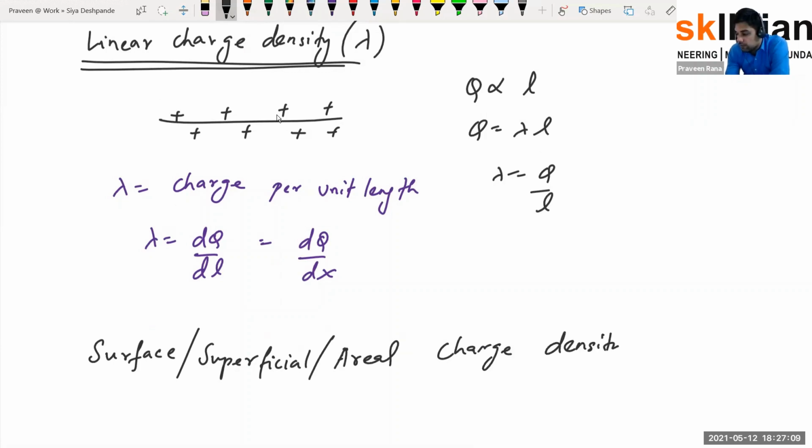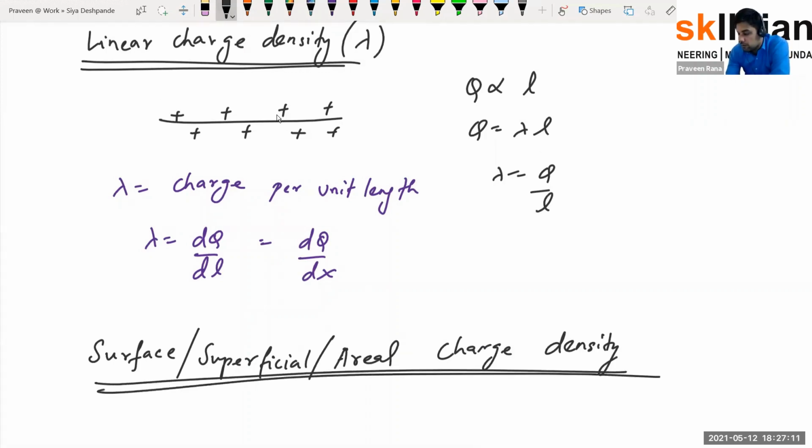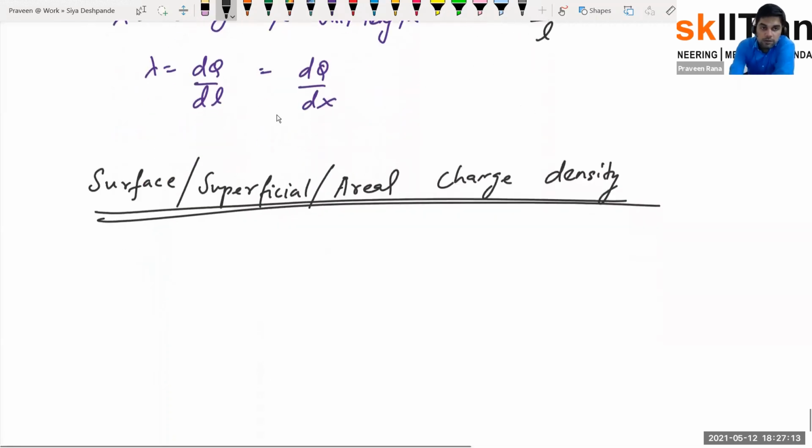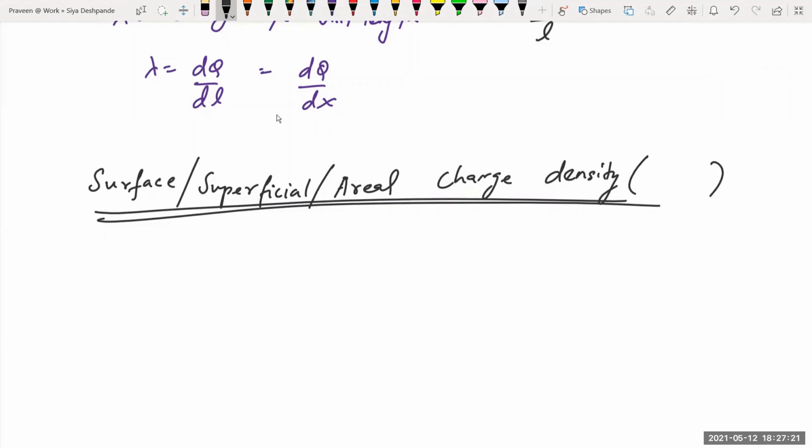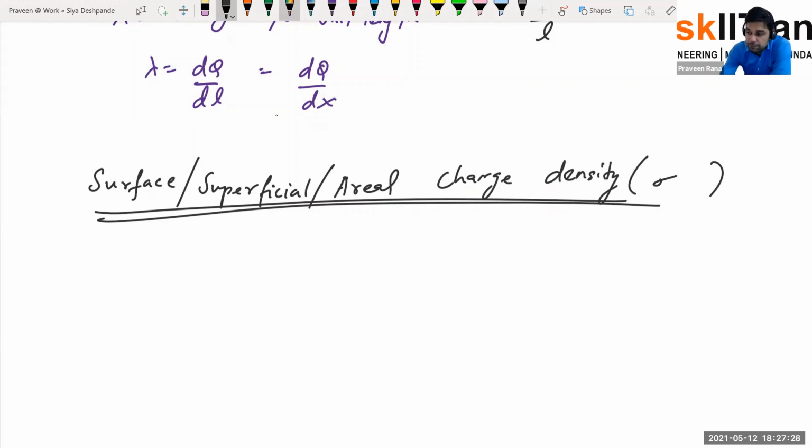There are a lot of names. And do you know the symbol? Is it sigma? Exactly. This one is sigma.